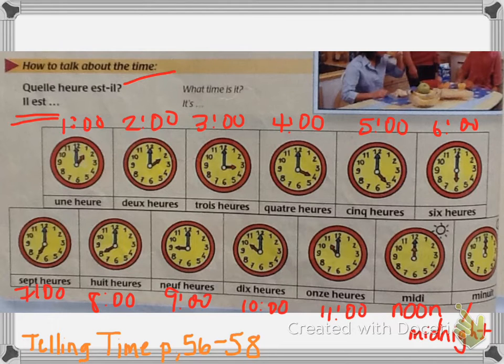So, s'il vous plaît, répétez: il est 1 heure, il est 2 heures, il est 3 heures, il est 4 heures, il est 5 heures, il est 6 heures, il est 7 heures, il est 8 heures, il est 9 heures, il est 10 heures, il est 11 heures, il est midi, il est minuit.